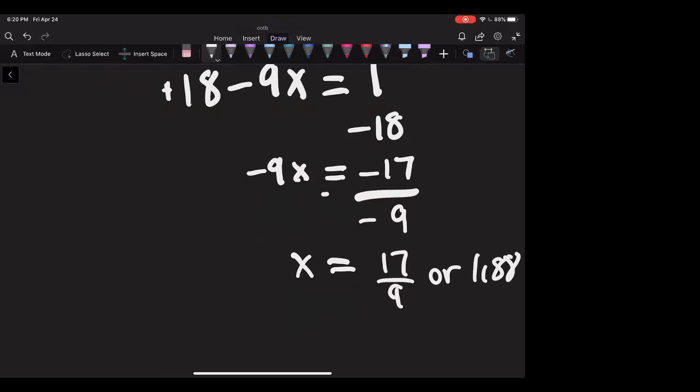I got negative 26 now. Negative 26? Yeah. That's really weird. How about we just leave it in fraction form? Can I try it one last time? Yes, for sure.